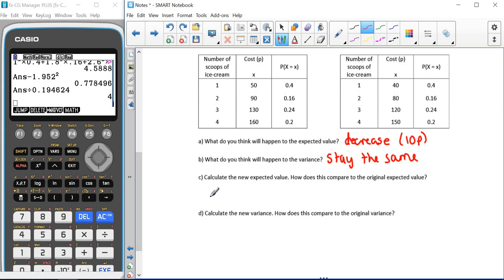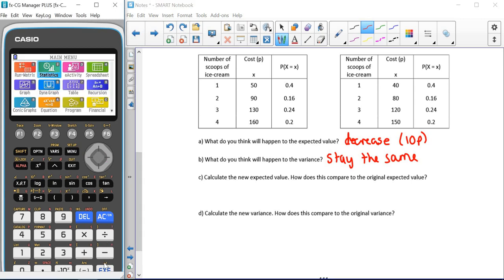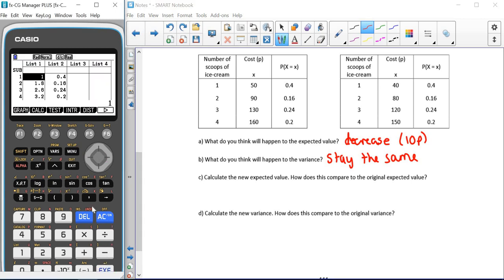So when we're calculating the new expected value, if I go back and do it the short way, where I've already got my probabilities typed in, we're going to have 0.4 for our 40p, 0.8 for our 2 scoops, £1.20 for 3 scoops and £1.50 for 4 scoops.